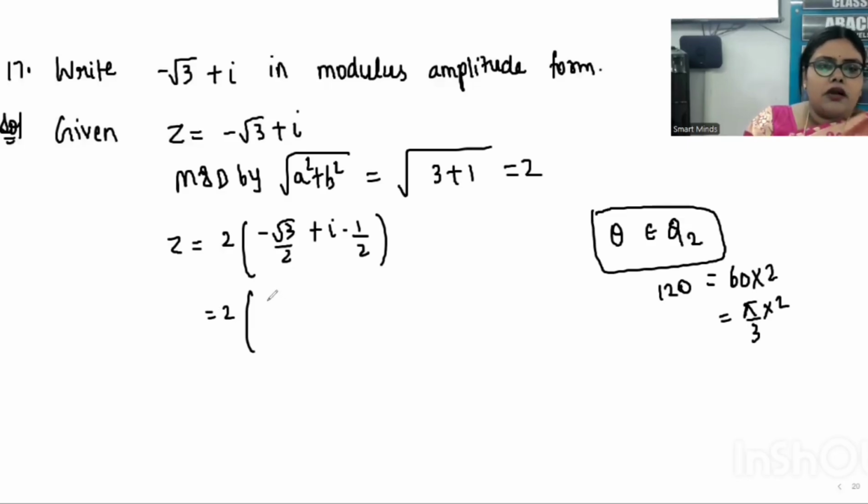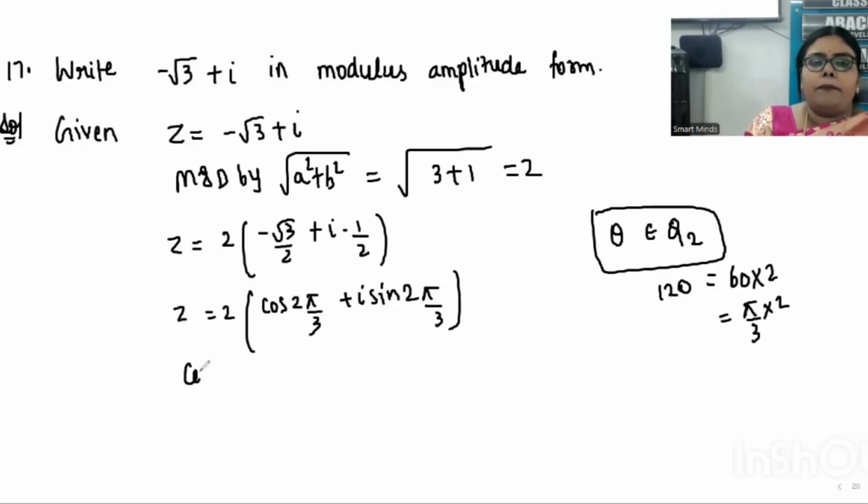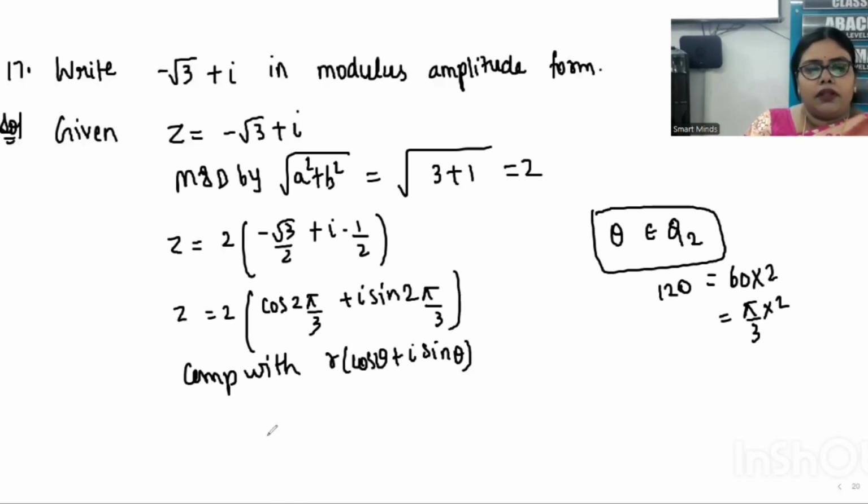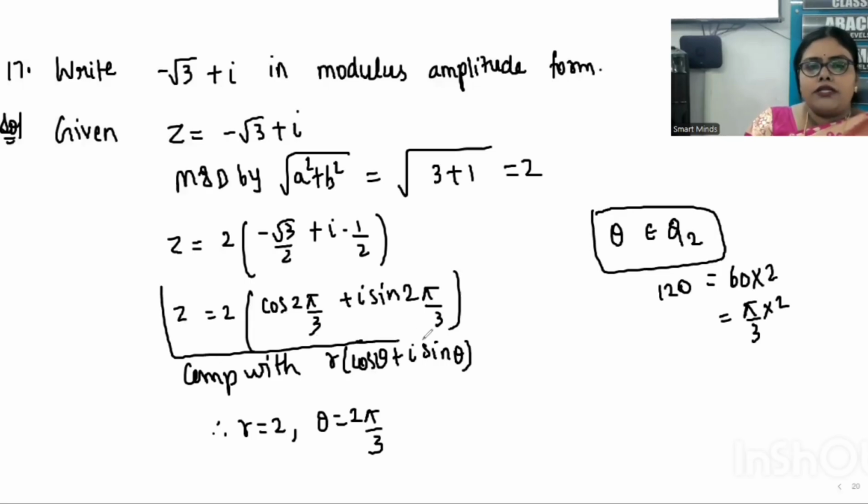So this is cos 2 pi by 3 plus i sine 2 pi by 3. Now we have to compare this with r into (cos theta plus i sine theta). So therefore r is equal to 2 and theta is equal to 2 pi by 3. So this is modulus amplitude form.